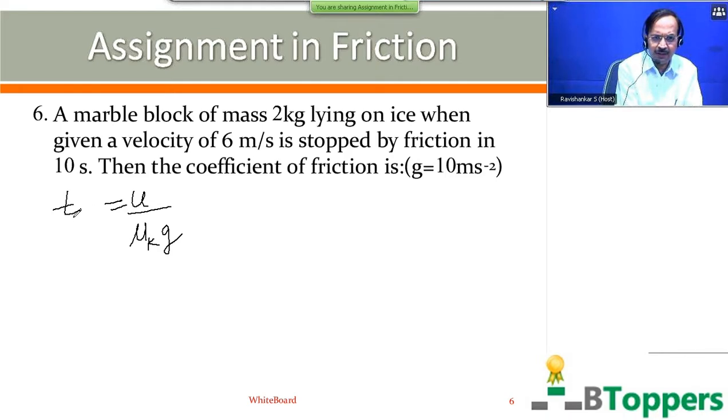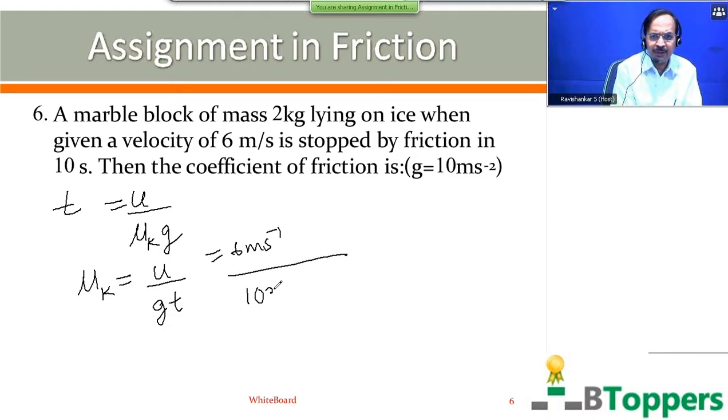From the same calculation, you have to repeat whatever I explained for the previous question, question number 5. From the same equation you can write mu k equal to u by g into t. Here the initial velocity u is 6 meters per second, g is equal to 10 meters per second square, and the time t is 10 seconds.